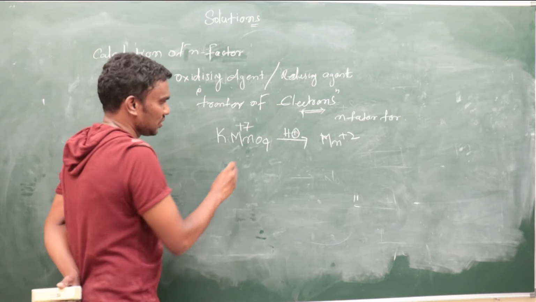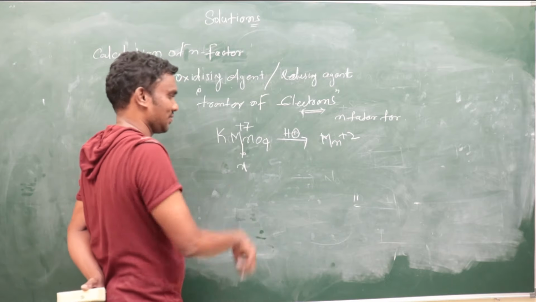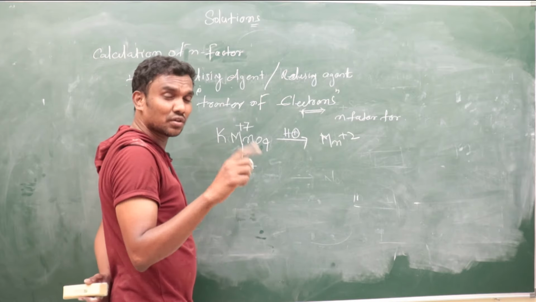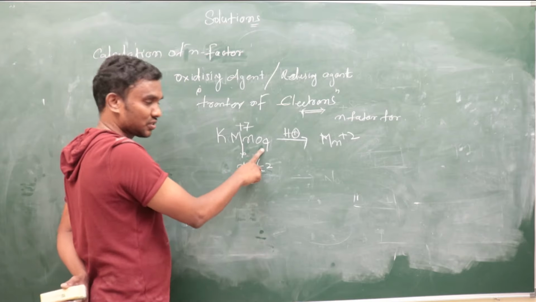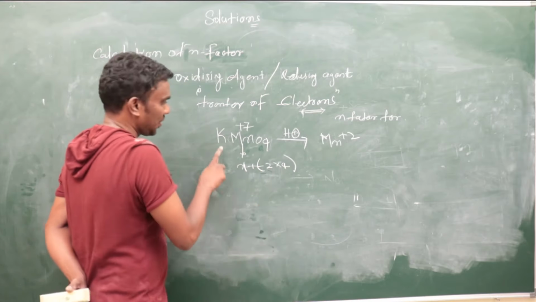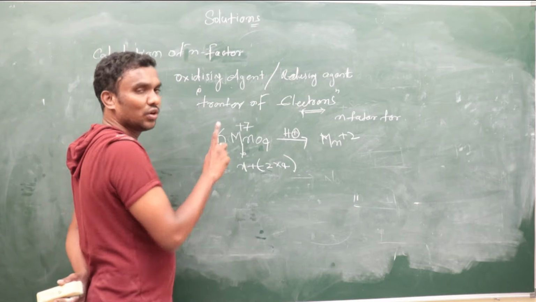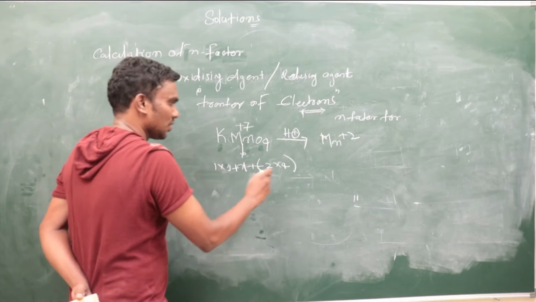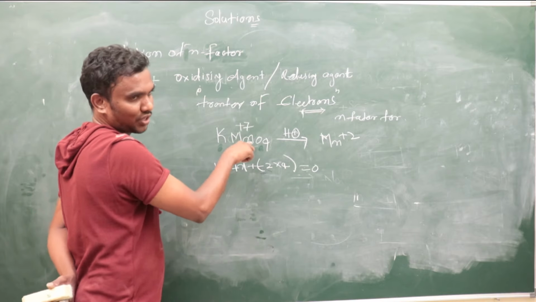We don't know the oxidation state of Mn at first, so we consider it as X. One oxygen has valency minus 2, and there are 4 oxygens, so minus 2 into 4. Potassium valency is 1, and there is only 1 potassium. The total charge of KMnO4 is 0.